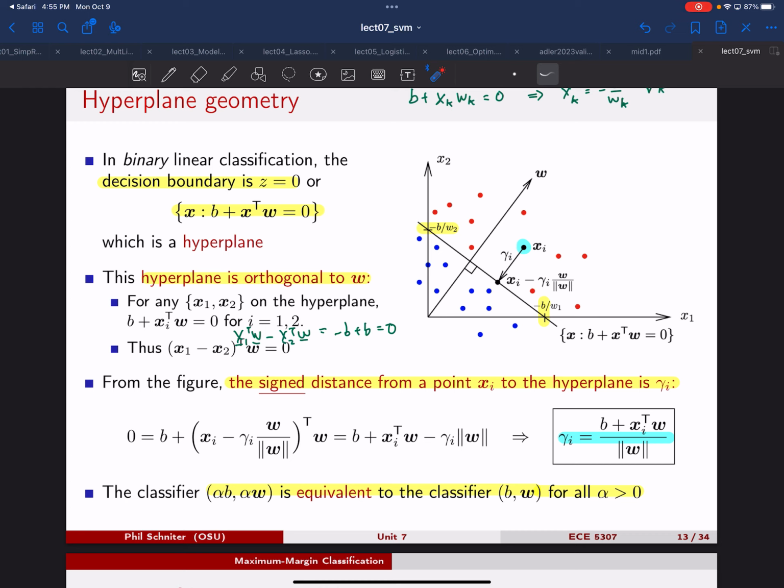So the points that are far from the boundary are the easiest. Let's say these are positive, then this would be the highest positive value, and this would be the highest or the smallest negative value. It'd be like that.